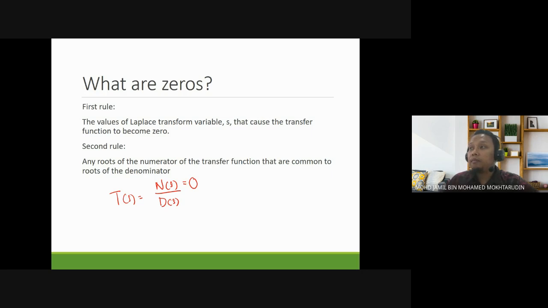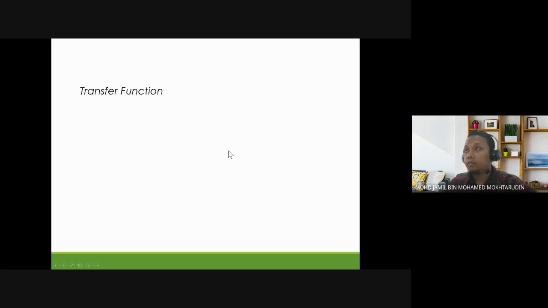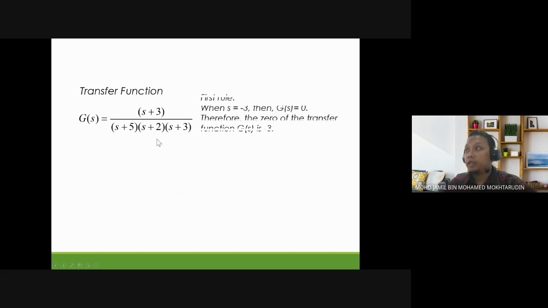Let's look at an example. We use the same transfer function G(s) as previously. Using the first rule, to make this transfer function become 0, the top one, the numerator, must become 0. The only way the numerator becomes 0 is when s equals minus 3.